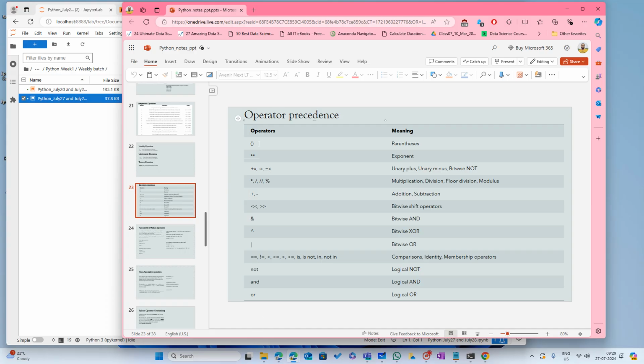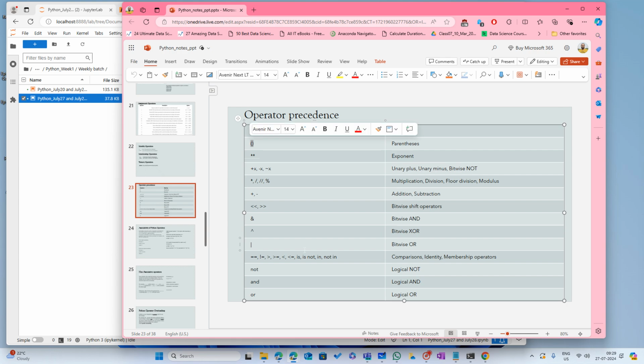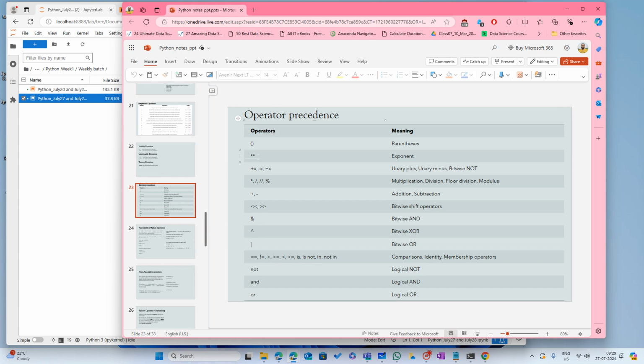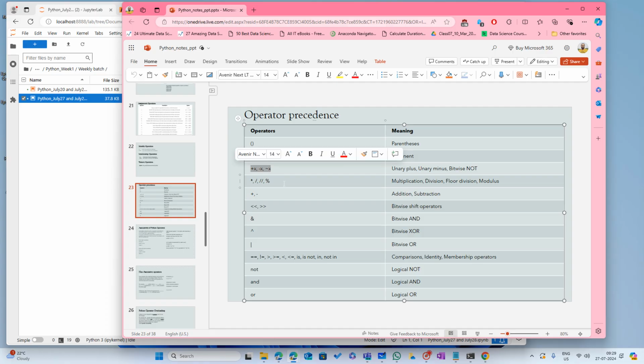The operator precedence is: first the brackets are executed, then exponent, then the unary plus or minus, which just negate the number. Then you have multiplication, division, addition, subtraction.